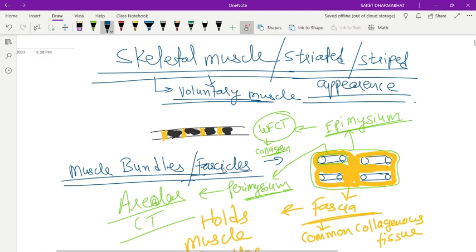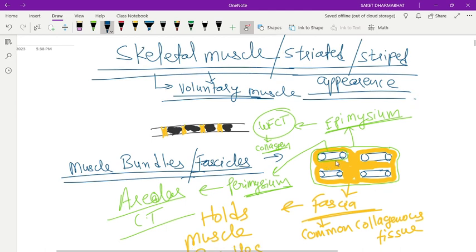Now the skeletal muscle consists of muscle bundles called fascicles. These are muscle bundles, these are fascicles.